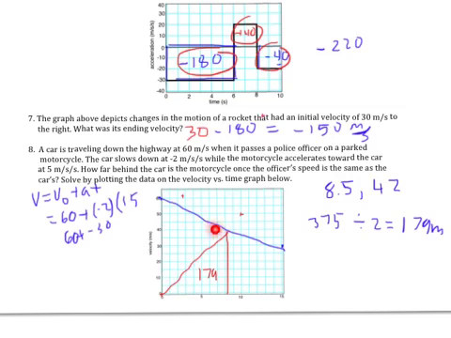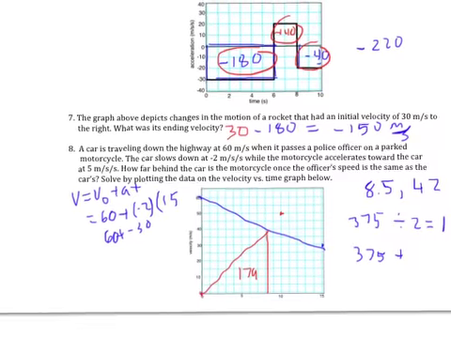Now, this part here we've already established is 375, and we just simply have to add to that the area described by this. Well, if this is 42 and this is 60, 60 minus 42, that's 18. So we have 18 meters per second times 8.5 seconds, which is this here.